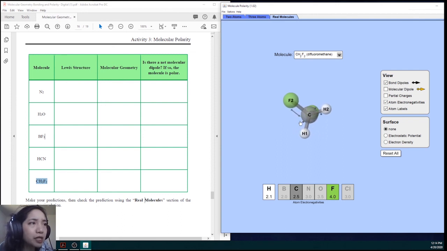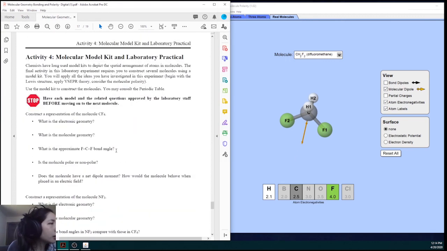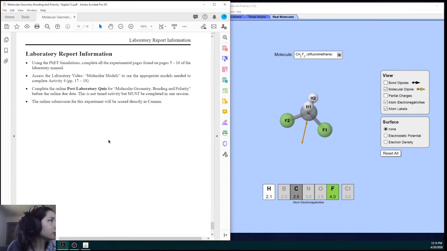So there's really an absence of an arrow between carbon and hydrogen. And then you'll see how those arrows cancel or don't cancel. All right, and so there's the overall molecular dipole for CH2F2. All right, so I think that concludes it for the simulation. All right, that's it.